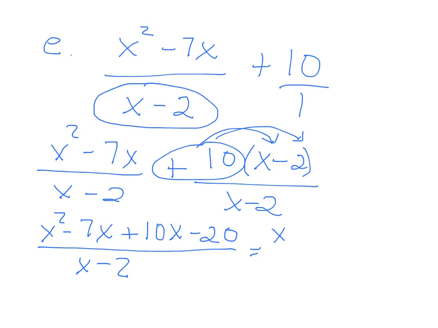I get x squared plus 3x, take away 20, all over x minus 2. Okay, so x squared plus 3x, take away 20. I look at the factors of 20: 1 and 20, nah. 2 and 10, no. 4 and 5, no. So I'm not even going to bother factoring. I'm just going to leave it like that because it's not factorable anyway.